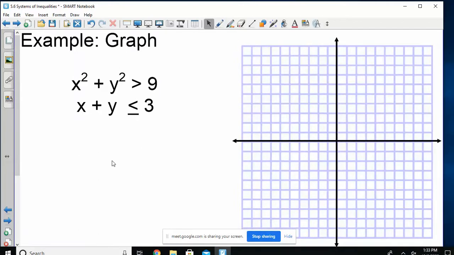Let's do this one. Is that first one a line?